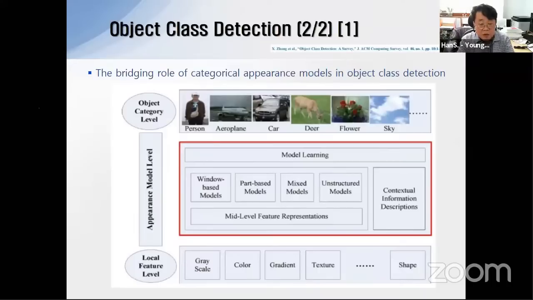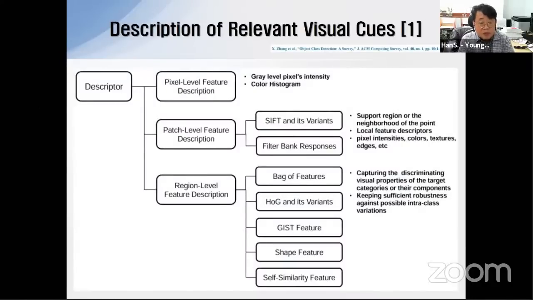We can use grayscale images, color information, gradients, textures, and so on. Most generally, the descriptor is how we extract features from the image. The descriptor is a feature representation, roughly divided into three categories: pixel level, patch level, and region level feature descriptions.